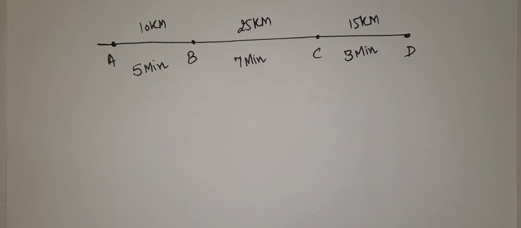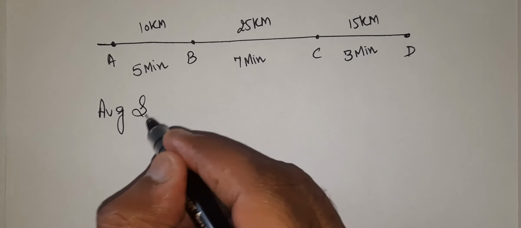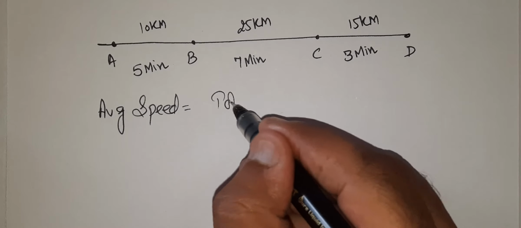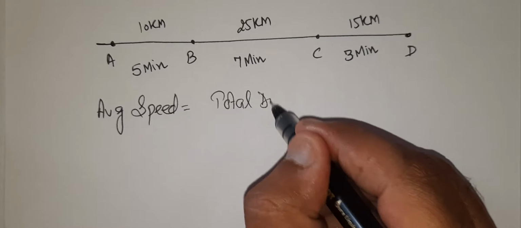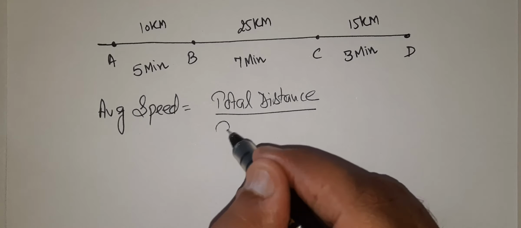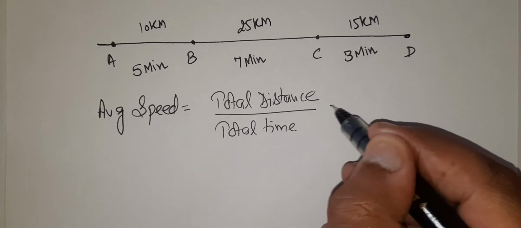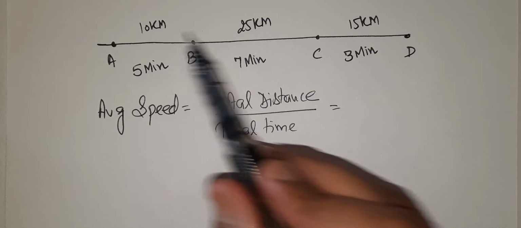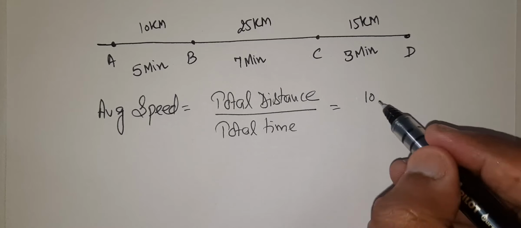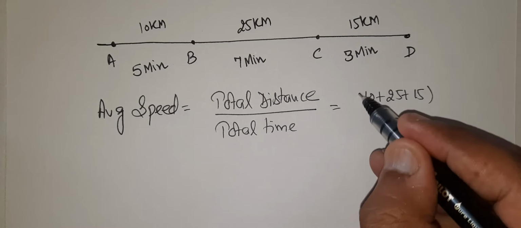See here now. Average speed is equal to total distance over total time. Now, total distance: 10 kilometers, 25 kilometers and 15 kilometers, so 10 plus 25 plus 15 kilometers.